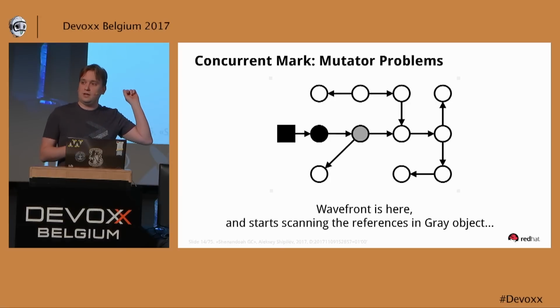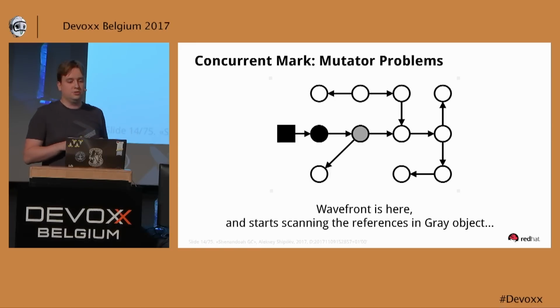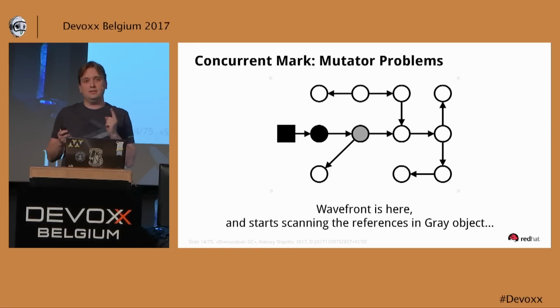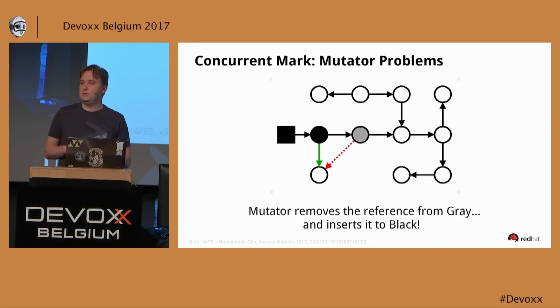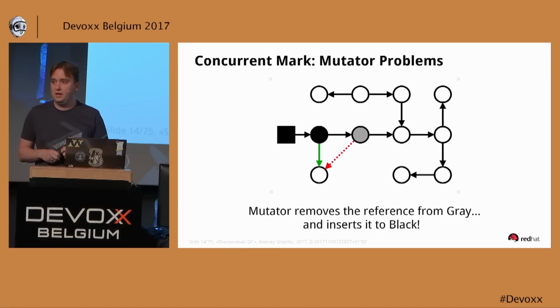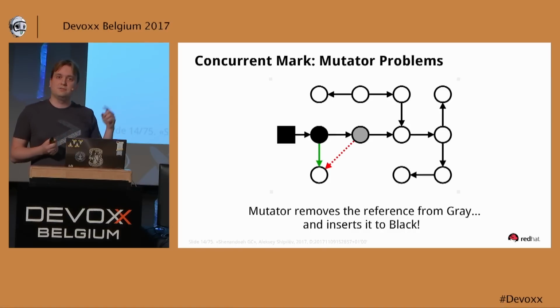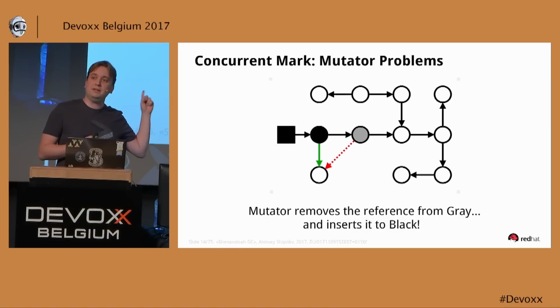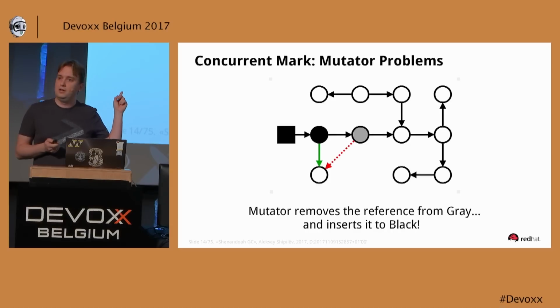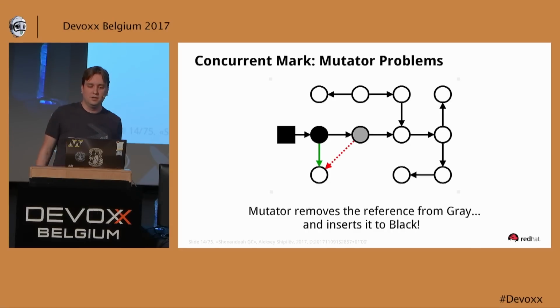So we have arrived at this second gray object there, and we were trying to scan the link to the right from that, but at the same time, the application destroyed the link to the white object there. And if it just destroyed it, we would be fine. It would be garbage then, but it could also insert the reference to that white object to some black object that we will not visit anymore because the wavefront kind of moved on from that.